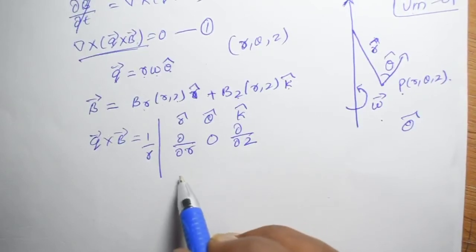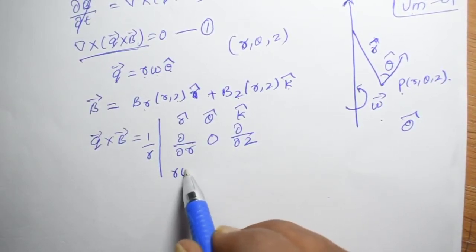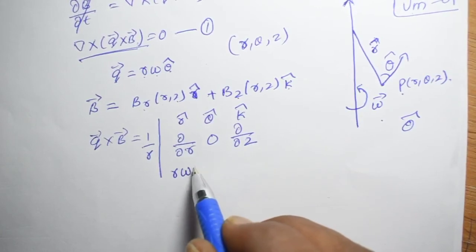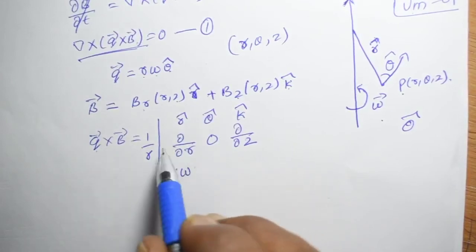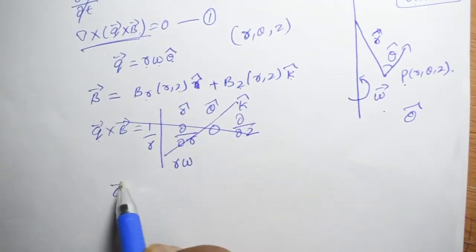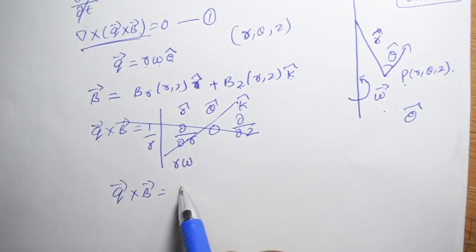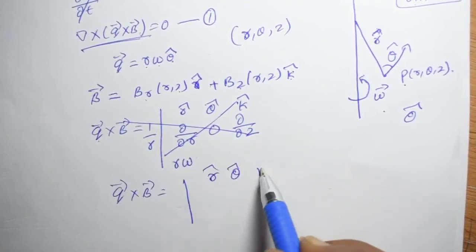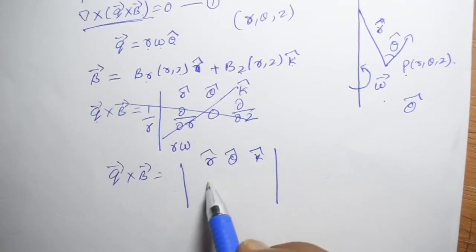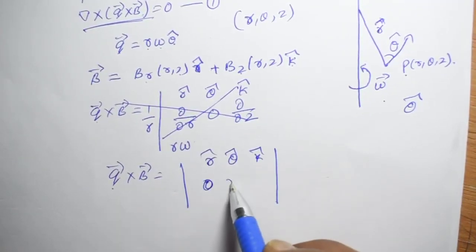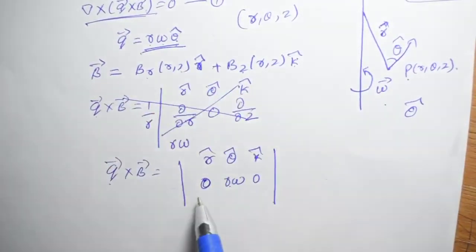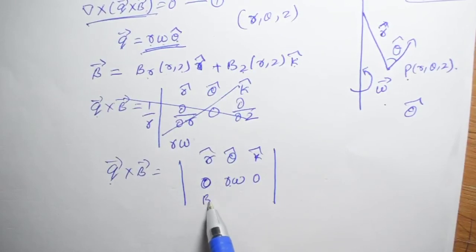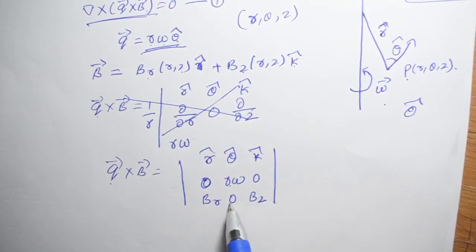The components: q has only one component, r omega along theta, and B components are Br and Bz only, with no theta component.